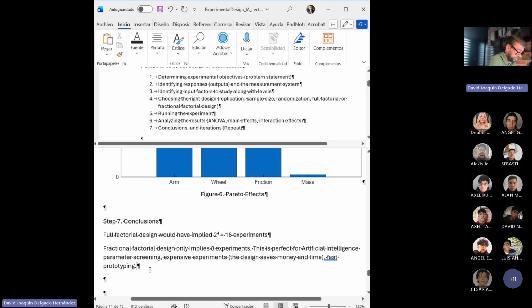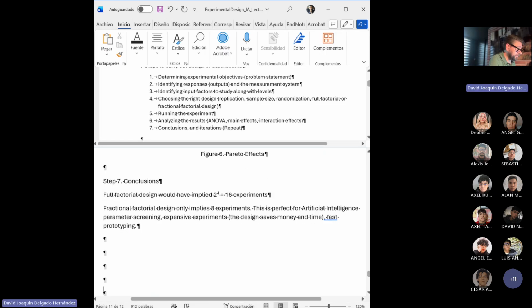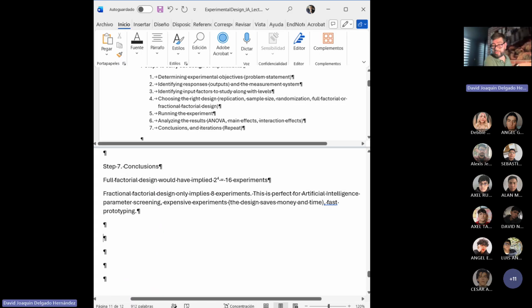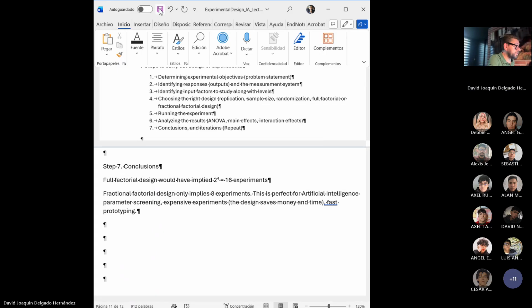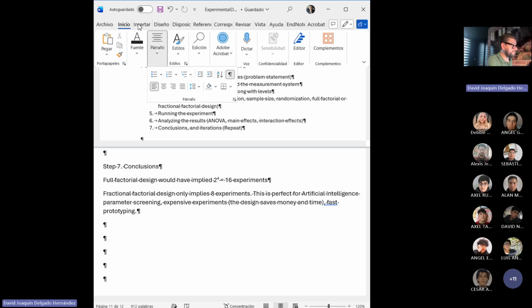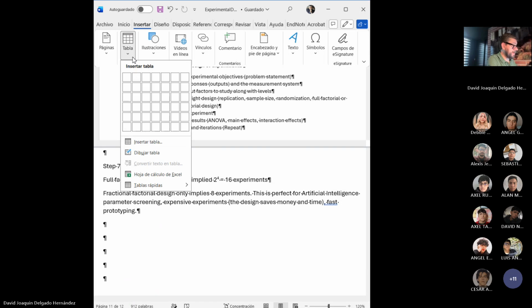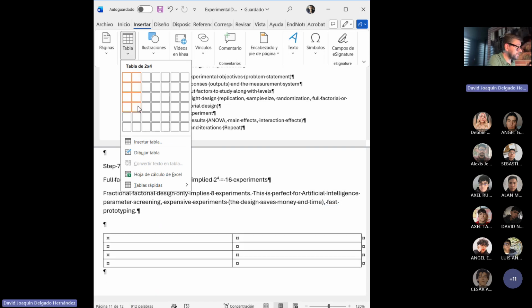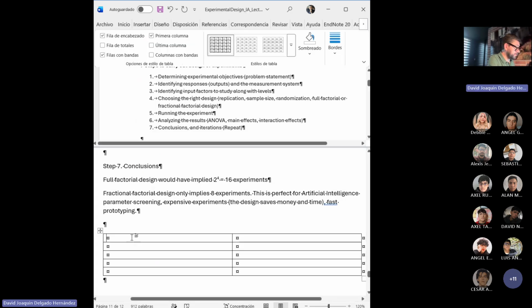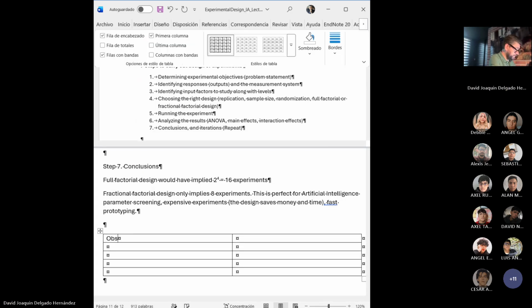So let us summarize this in a table. I am going to share with you this file once I have finished. So let us put here a table. So it will be 5 times 2. Okay, so you have an observation. And here you have the meaning or the interpretation.